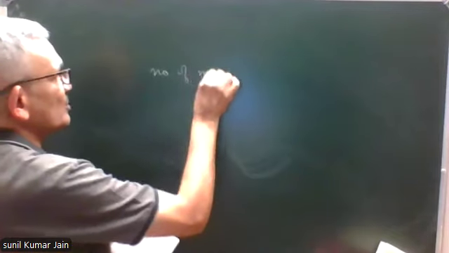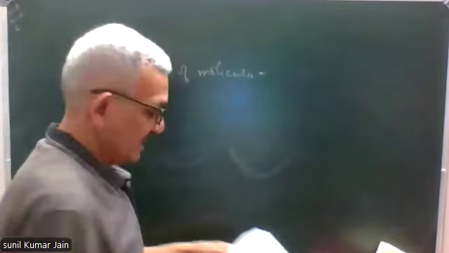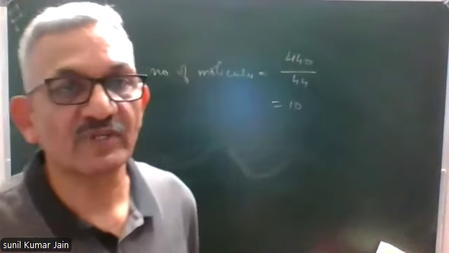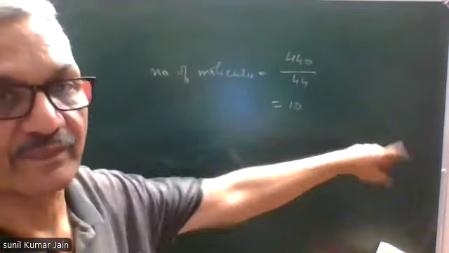It means number of molecules will be 440 AMU divided by molecular weight, that is 10 molecules of CO2, and one molecule contains 2 oxygen atoms. Therefore, number of oxygen atoms will be 10 into 2, that is 20.